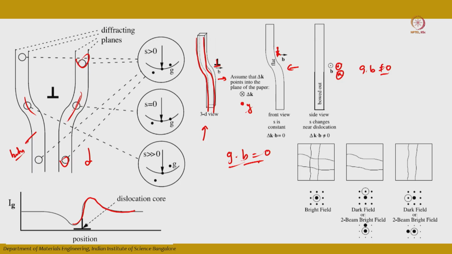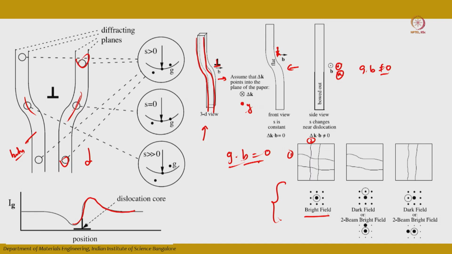Based on this contrast, it is shown schematically that if you have four dislocations in orientation 1 and orientation 2, and you take a bright field image from the transmitted spot, you will see that all four dislocations are visible.